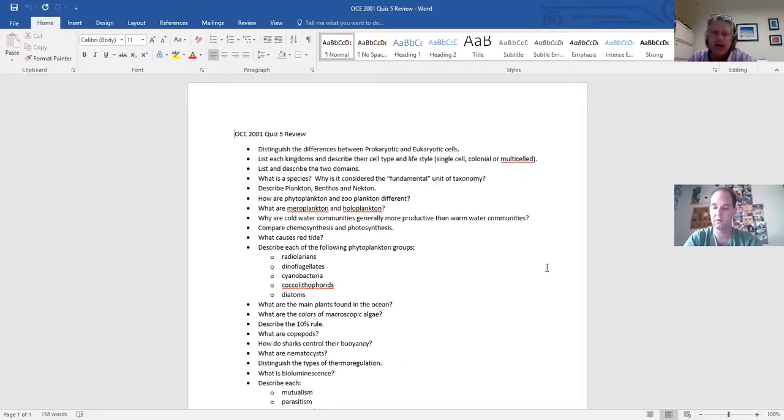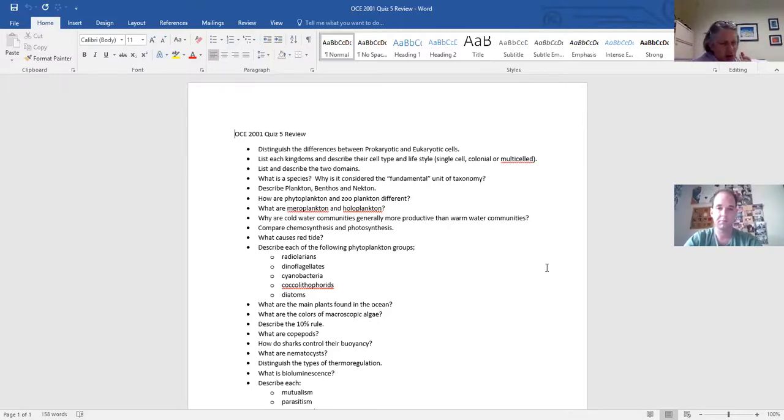Red tides are caused by dinoflagellates. Dinoflagellates are kind of interesting creatures because they also can bioluminesce. They belong to the protist kingdom. Our local dinoflagellate is Karenia brevis. They produce this toxin because they don't want to get eaten.